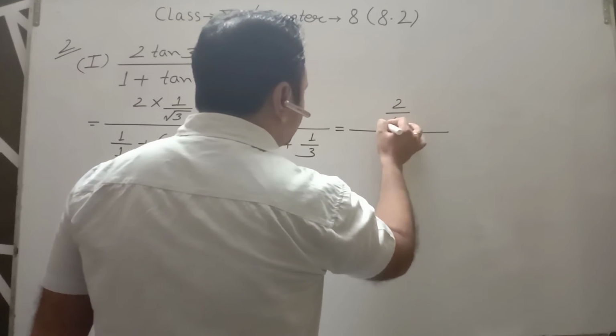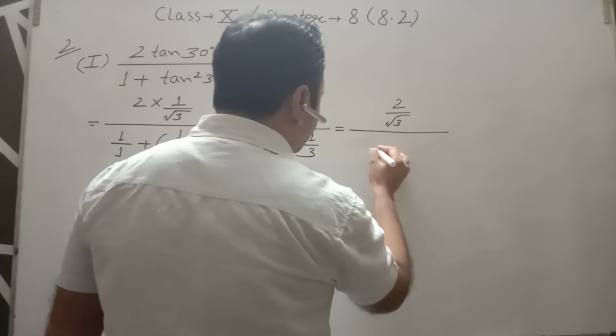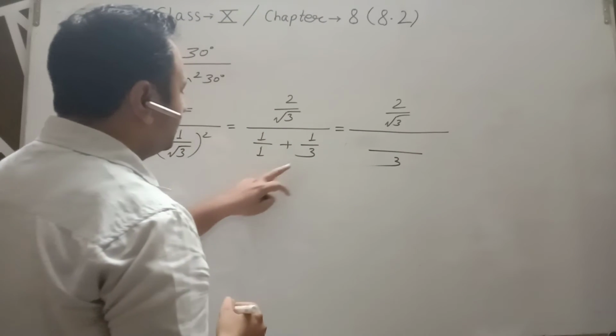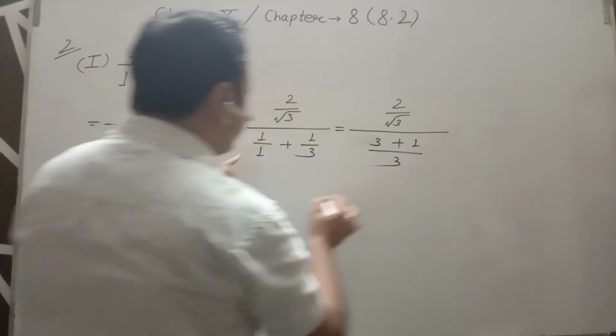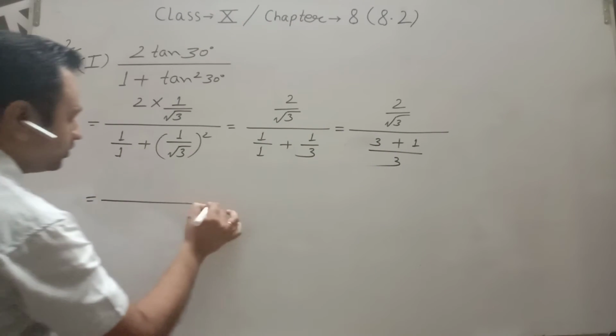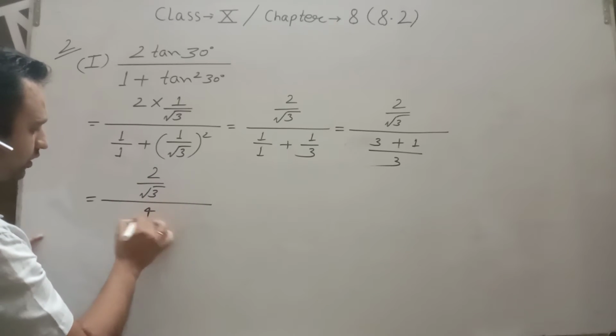So 2 upon under root 3, and in the denominator we take 3 as the LCM, so 3 plus 1, which is 4 upon 3.